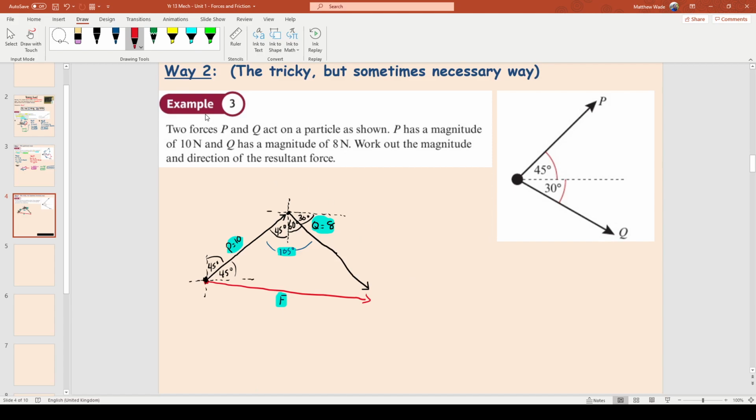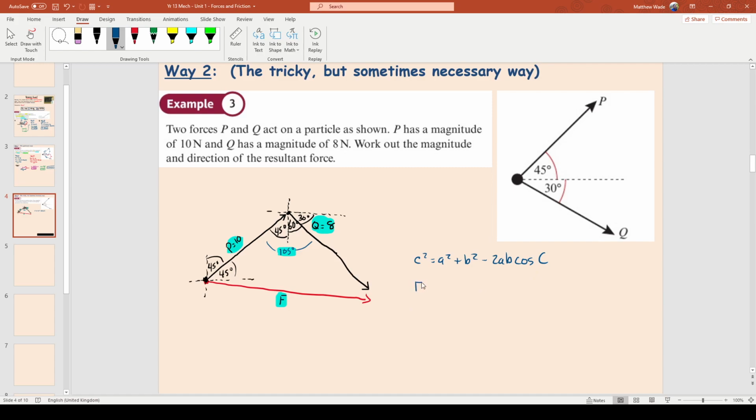So in cosine law, we're going to have c squared equals a squared plus b squared, take 2ab cos C. And C is the side opposite.